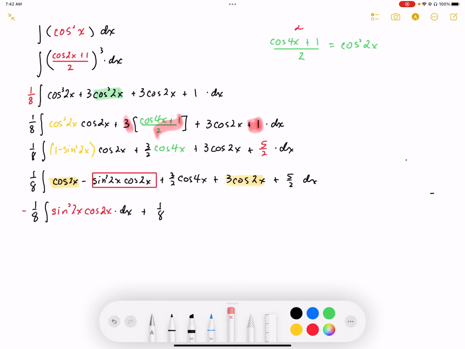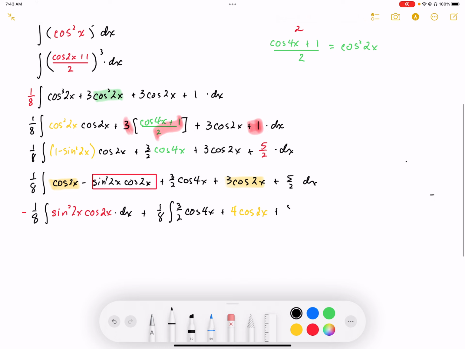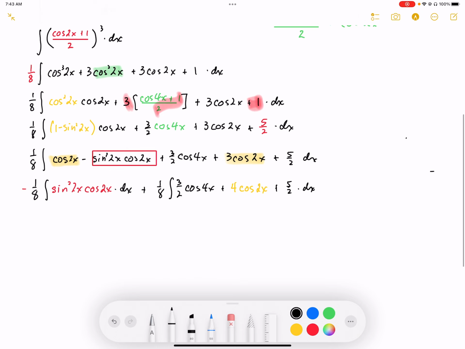Okay, so maybe I'll use an extra step here. I have 3 over 2 cosine of 4x plus, I have got 1 cosine 2x on the left and 3 on the right, so I'm going to have 4 cosine 2x plus 5 over 2 times dx.